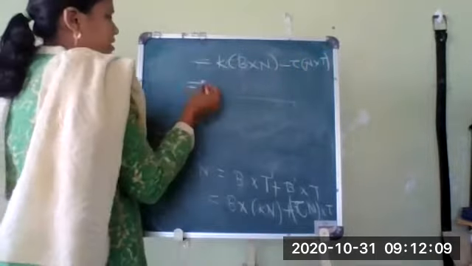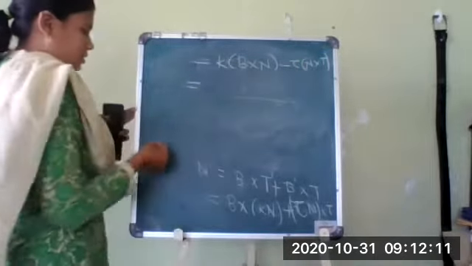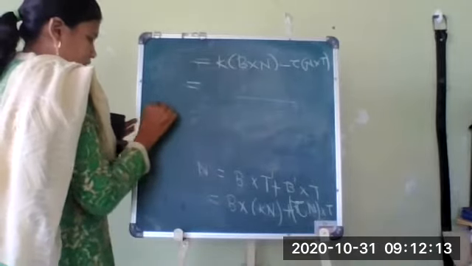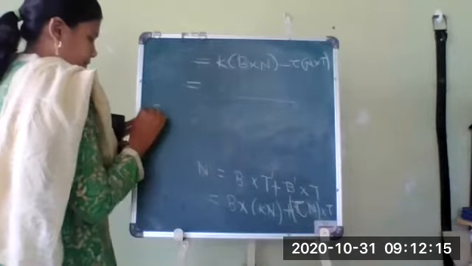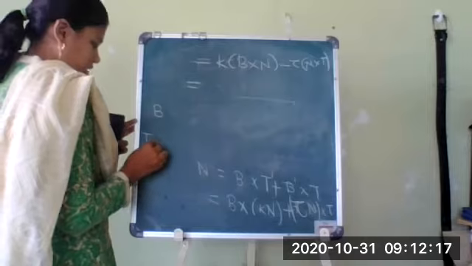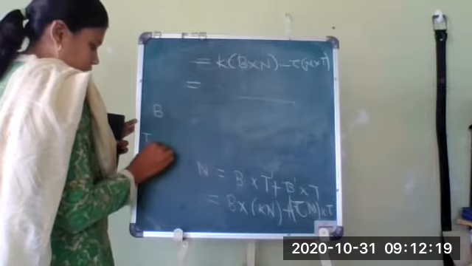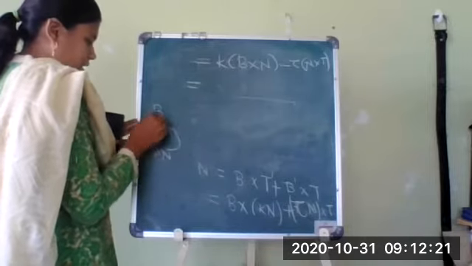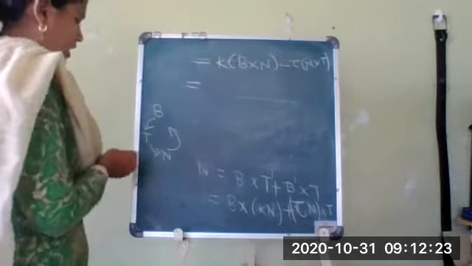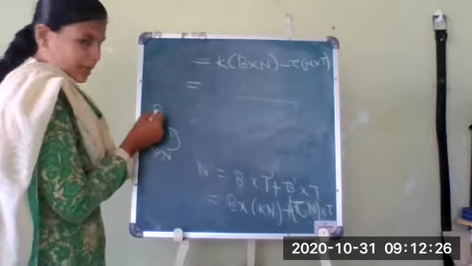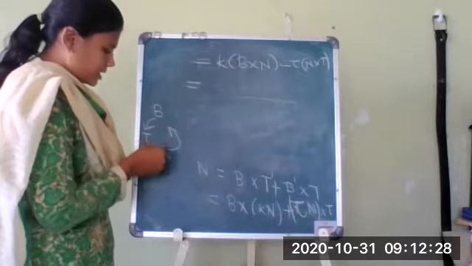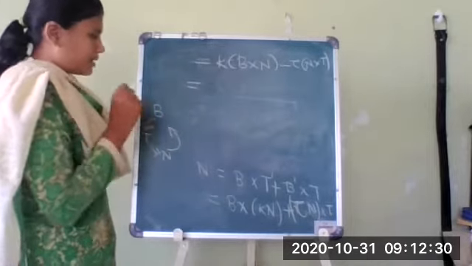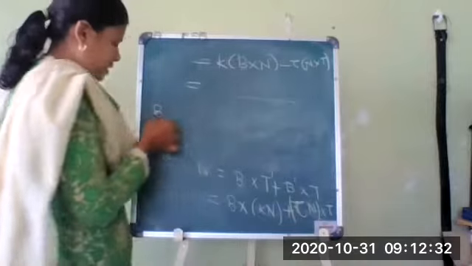Right. So now what will be B cross N? We have seen the rotation of T, N and B. So here is T, N and B. After T it will be N, after N it is B, after B it is T. So what will be T cross N? It is B. Correct? What will be B cross T? It is N. And N cross B will be T. Now we have to see what B cross N will be.